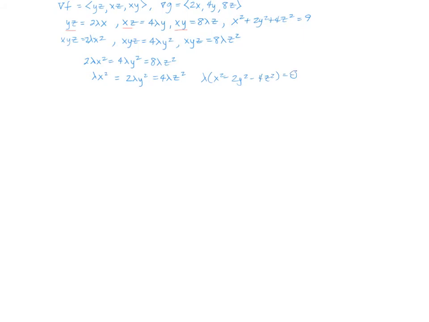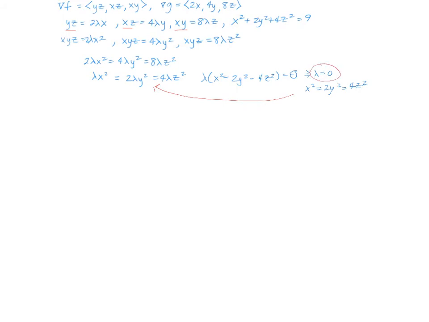So I would have lambda equal to 0, or when I set all of that equal to 0, I just end up with x squared equal to 2y squared equal to 4z squared, which is what I had here without the lambda. So your shortcut is you could just pull the lambda out, but remember you have to check what happens when lambda is equal to 0.